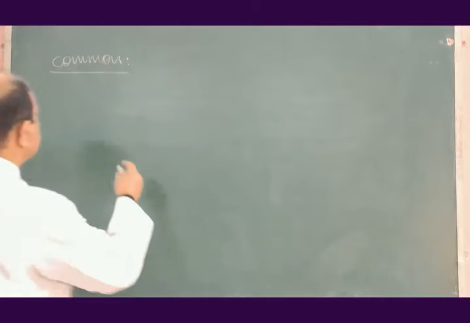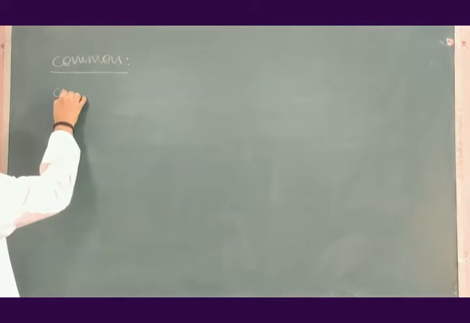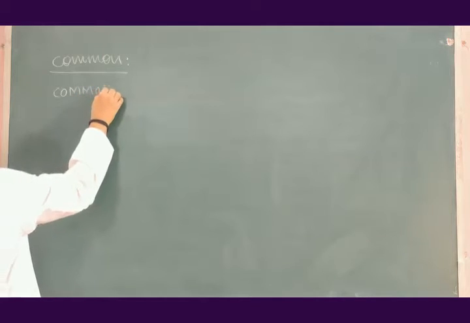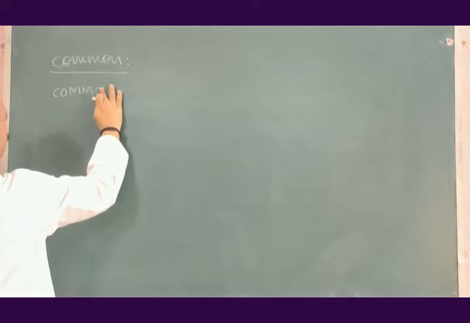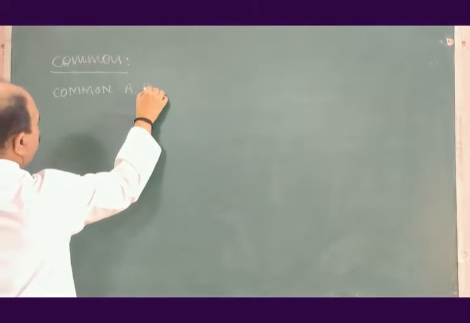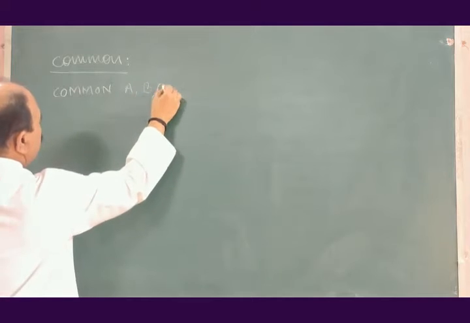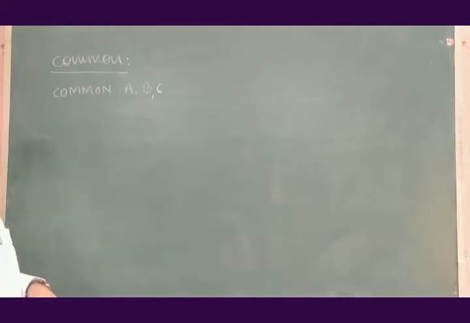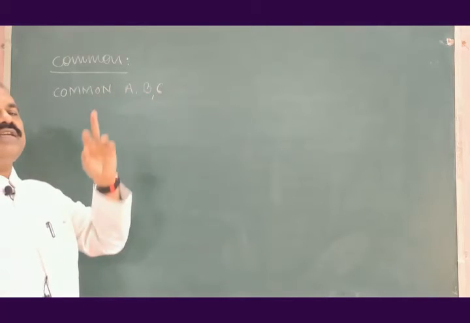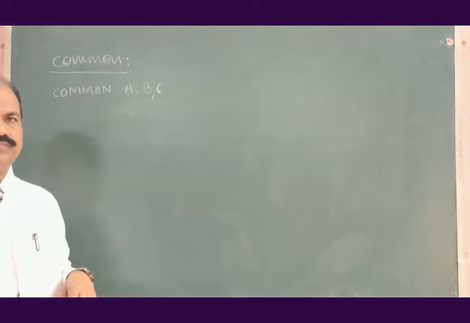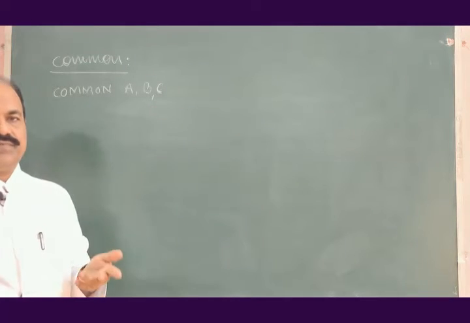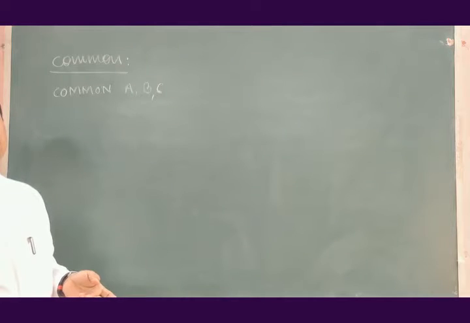For example, common A B C. It means that A, B, C are the variables. These variables A, B, C will be assigned some constant values.